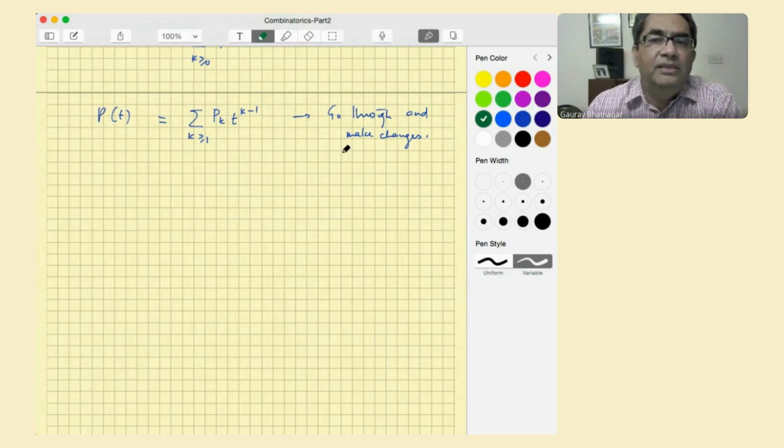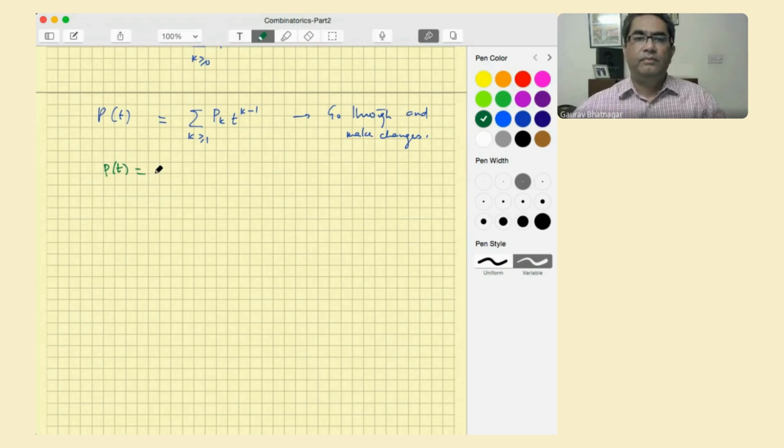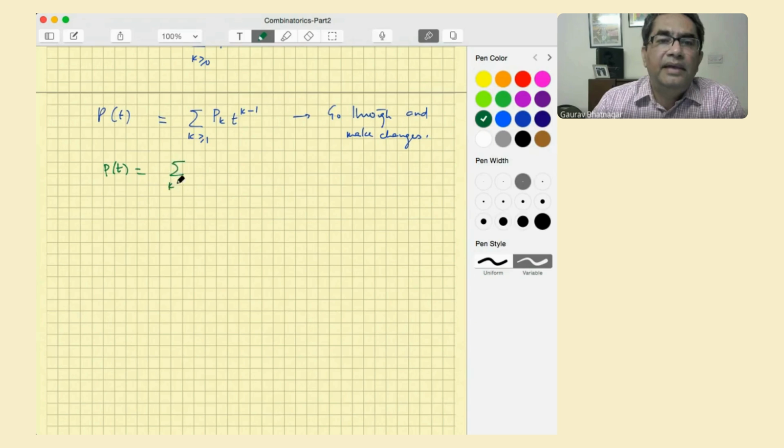So let's go back and delete the rest and we'll make changes. So let's look at this again. So P of t, let's see what it works out to, is k going from 1, pk t raised per k minus 1.